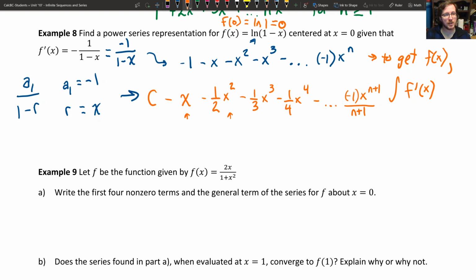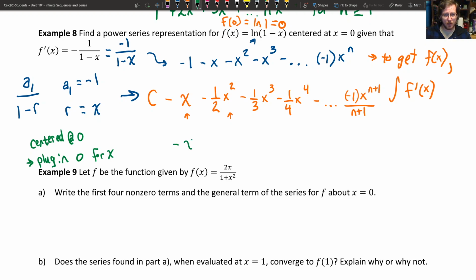Let me jot that down. So centered at 0, plug in 0 for x, and let's see what we get. That just makes the constant 0.